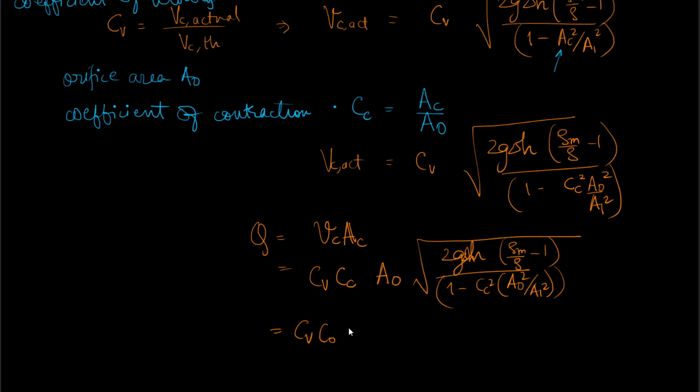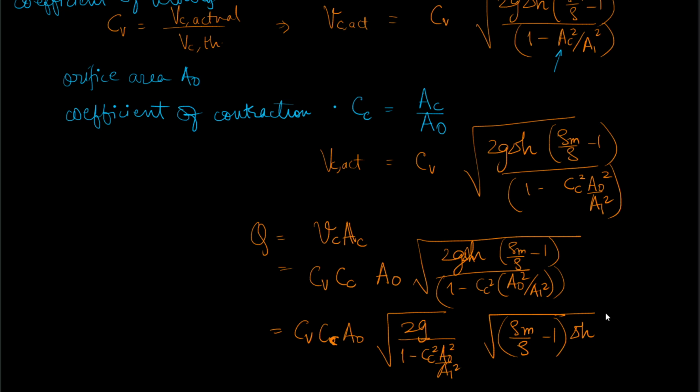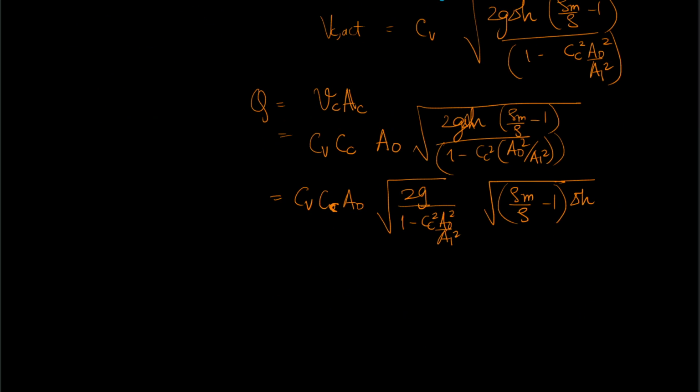So we can simplify this further: Cc A naught times the square root of 2g upon (1 minus Cc square A naught square upon A1 square), times the square root of (rho m by rho minus 1) times delta H. In this expression, this entire first factor is called C. Simply it is written as C times the square root of (rho m by rho minus 1) times delta H. Moreover, rho m by rho will be known because this is the ratio of the density of the manometric fluid upon the density of the working fluid, and delta H will be measured.